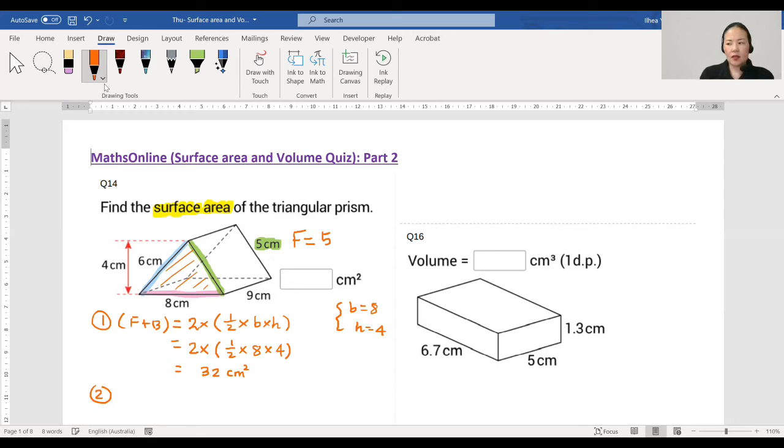The next, I'm going to go with my right rectangle, which is this one. Okay, so Alia, what are the measurements for my right rectangle, my base and height? 9 times 5. Excellent, good job. Equals 45 square centimeters. And it's only one of them, so I don't have to double it.